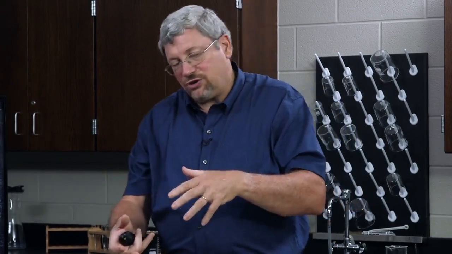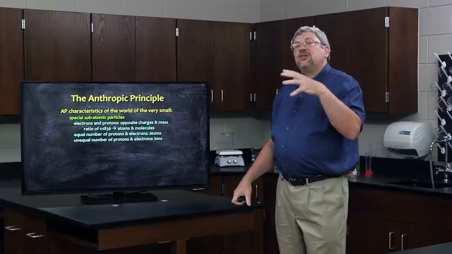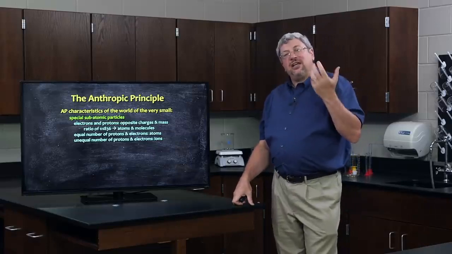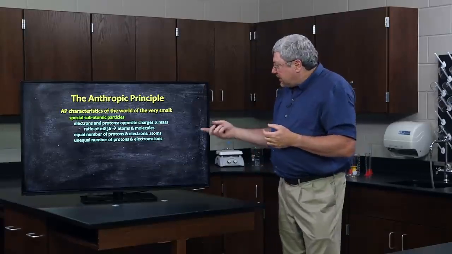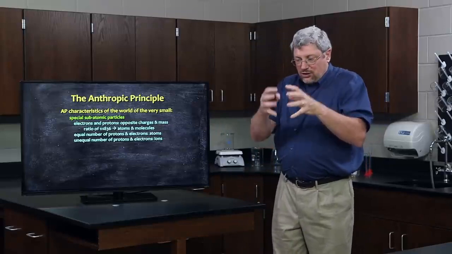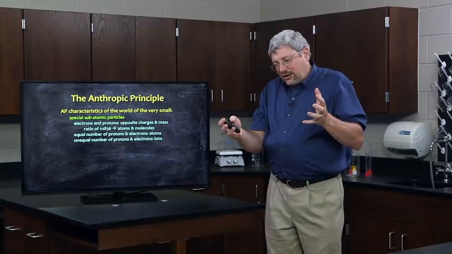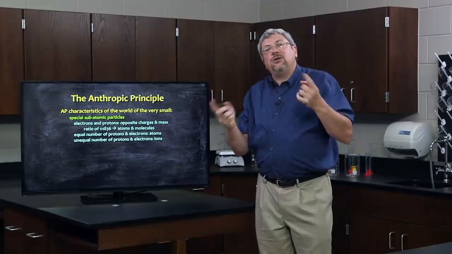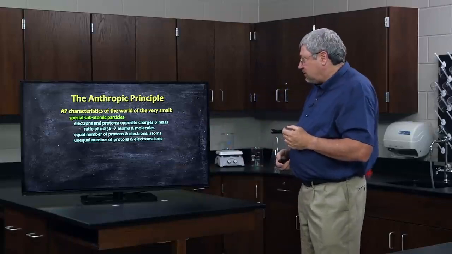Either way, if the whole object has a +1 charge or a -1 charge or -2 or -3, if it has any charge at all, it is not called an atom, it is called an ion. So an ion is a nucleus and electrons around it where there's an unequal number of electrons and protons.